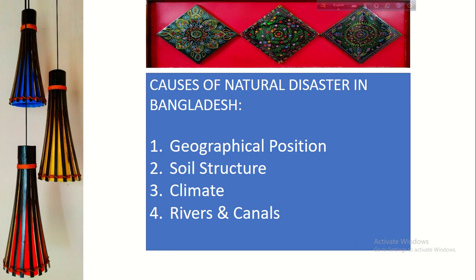Bangladesh is situated in the tropical monsoon region, because the Tropic of Cancer passes through Bangladesh. As a consequence, there is a lot of rainfall. So natural disasters like cyclone, flood and tidal waves occur here. And rivers and canals. Bangladesh is crisscrossed by numerous rivers. For this reason, flood and river erosion are also frequent here.